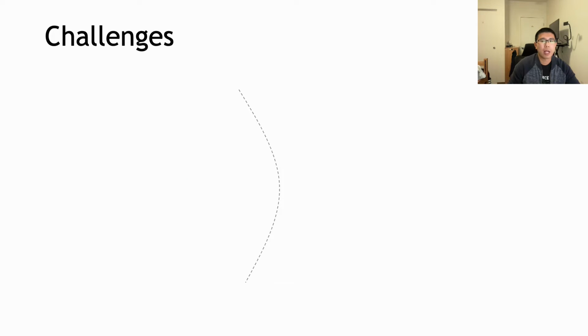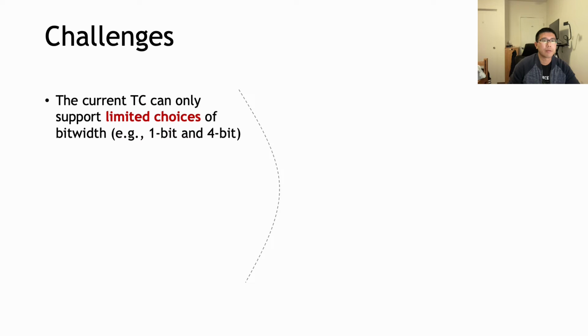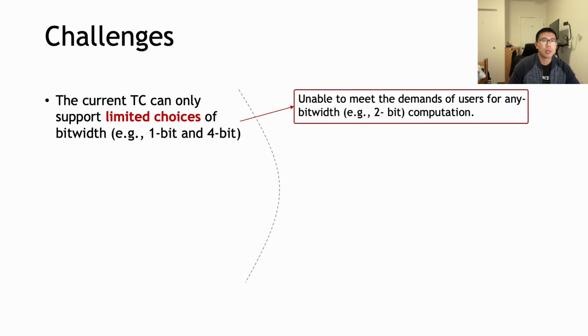However, directly connecting the quantized graph neural networks with the existing GPU tensor cores faces several challenges. The first one is that the current tensor core can only support a limited choice of bit width. Therefore, it is unable to meet the demands of users for any bit width precision.